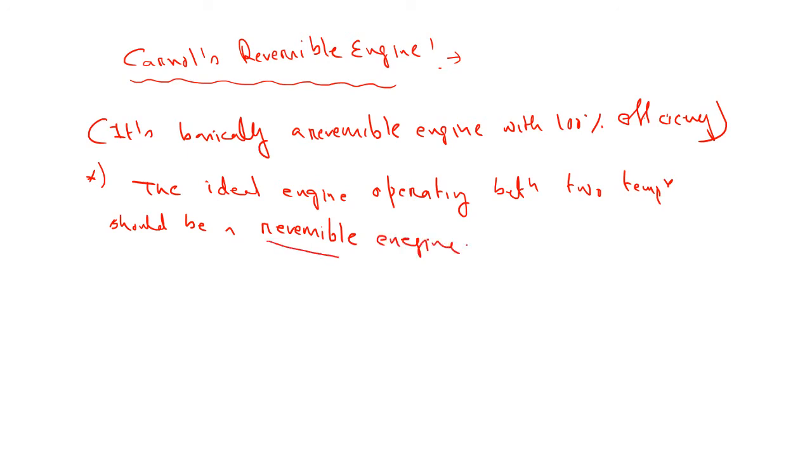A reversible engine should operate between two temperatures. Why? Suppose this is the initial temperature, it may go from this point to that point, and again return. So here T1 and T2, so it only operates between two temperatures.